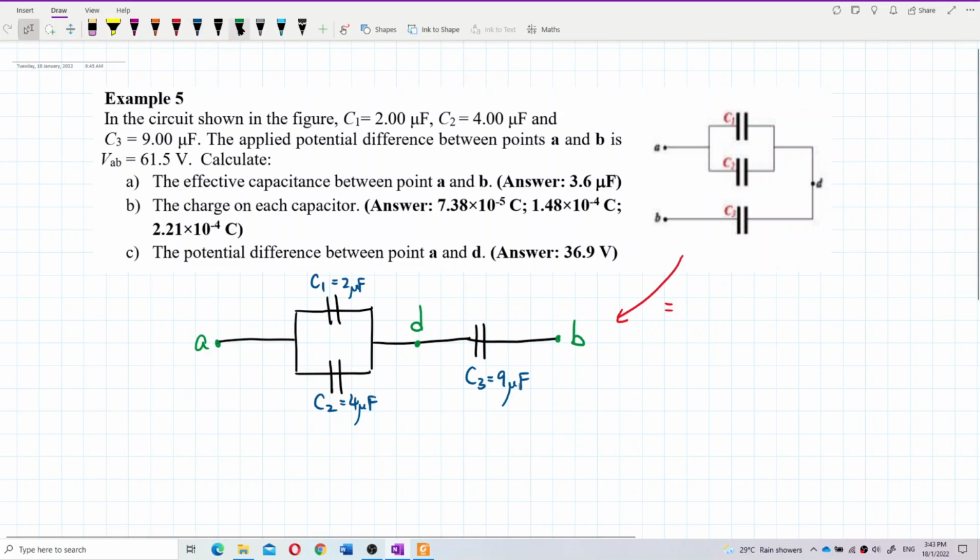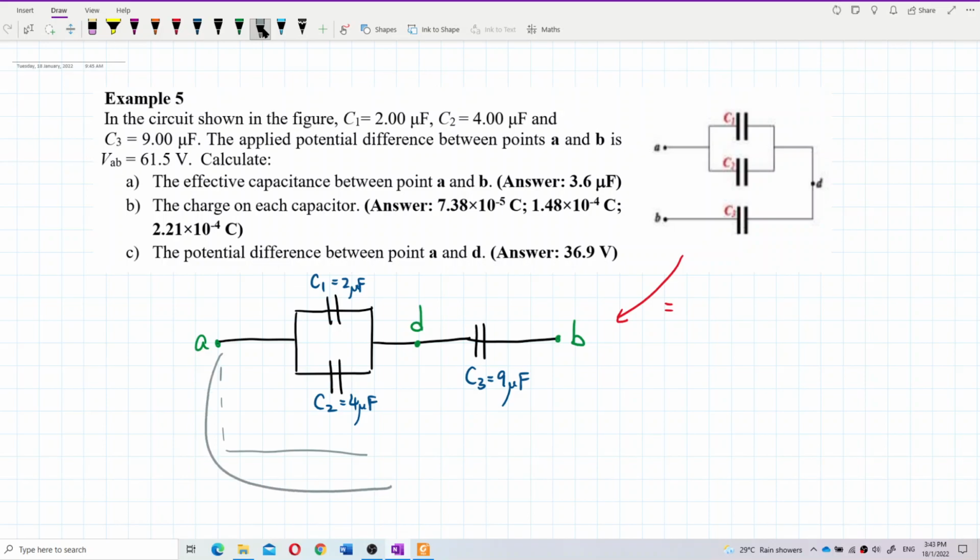61.5 volt. Applied potential difference means maybe it connects to a battery.